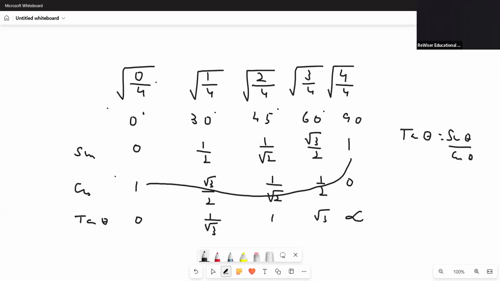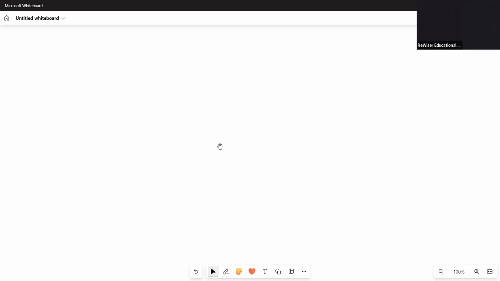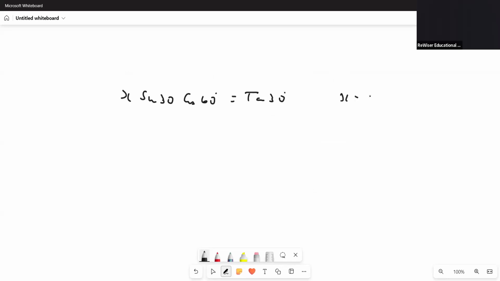Moving ahead, the types of questions asked on this are like this. They can give you a question like this: x sine of 30 degree and cos of 60 degree is equal to tan of 30 degree, then find the value of x. So that means now you have to put the standard angle.